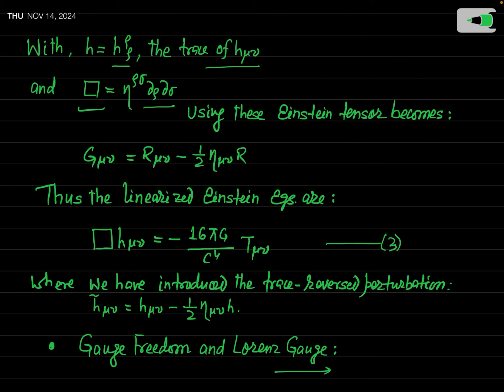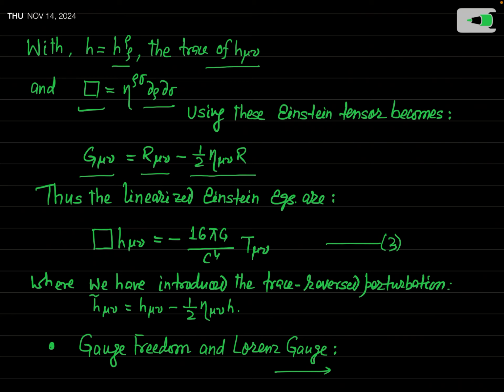Now when we use these two linear forms of the Ricci tensor and the Christoffel symbol in the Einstein tensor expression, G mu nu is equal to R mu nu minus 1 over 2 eta mu nu R. Here R is called the Ricci scalar, or the scalar curvature.